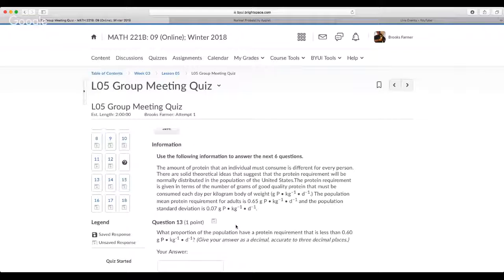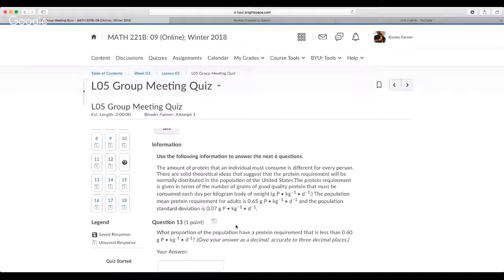Someone want to read the big info box for the next sections of questions? The amount of protein that an individual must consume is different for every person. There are solid theoretical ideas that suggest that the protein requirement will be normally distributed in the population of the United States.